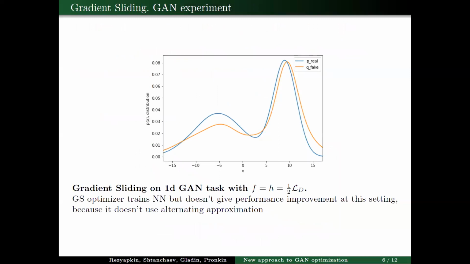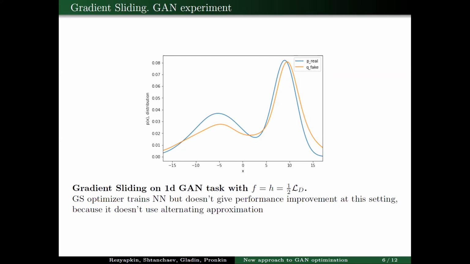Our next experiment was related to one-dimensional GAN problem for mix of two Gaussians. Discriminator loss has two terms, one for real predictions and another for fake predictions. Since gradient sliding algorithm is composite algorithm, we considered one term as f function and another term as h function.